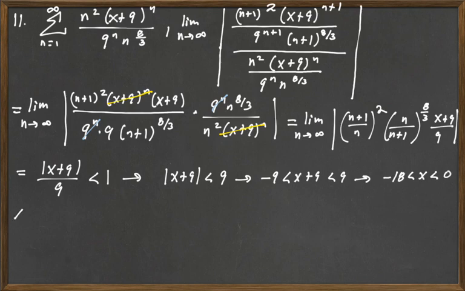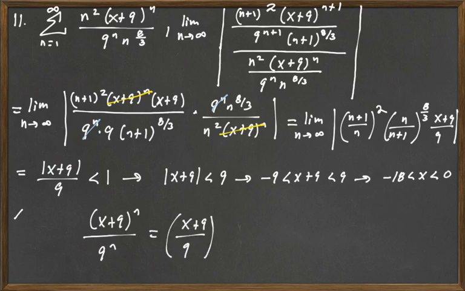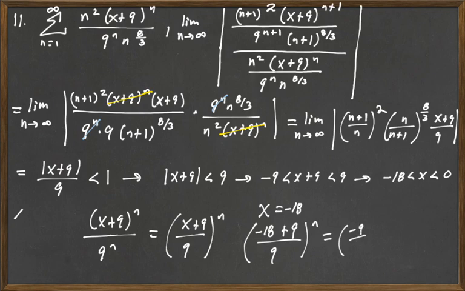Okay, so this particular series, the x plus 9 to the n over 9 to the n, we can rewrite that as x plus 9 over 9 to the n. When x is equal to negative 18, you're going to have negative 18 plus 9 over 9 to the n, and that's going to give you negative 9 over 9 to the n, or negative 1 to the n.